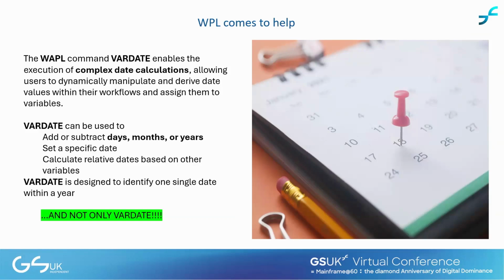WAPL stands for Workload Automation Programming Language, and basically it is a scripting and control language used in IBM Z Workload Scheduler to automate job scheduling activities. The main purpose of WAPL is to dynamically create, update, and delete objects in the database like jobs, applications, workstations, and so on.